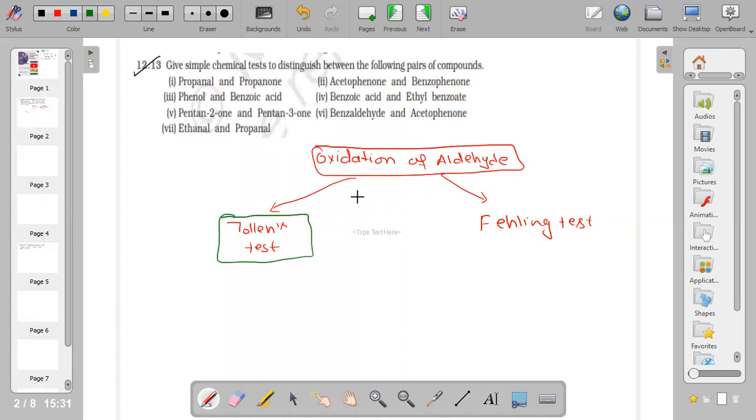You need not write how you prepare the Tollens reagent or the Fehling reagent.